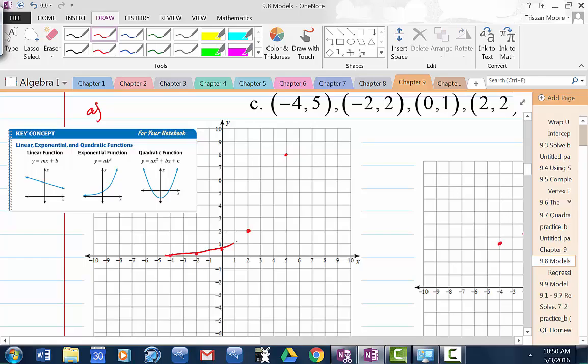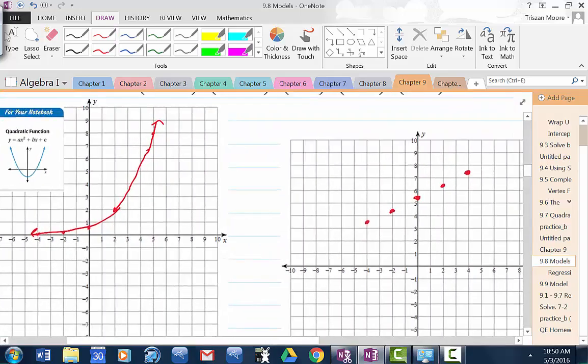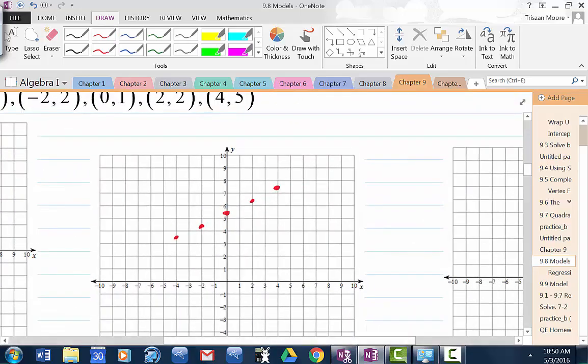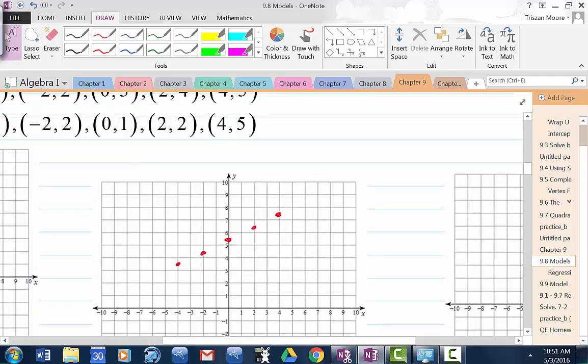So that's what these points follow. You would think that those points are part of an exponential function, right? I have this one plotted for you, and you see from here that looking at these points, it looks like a linear function to me.